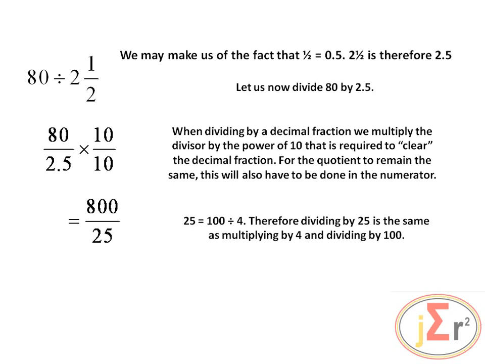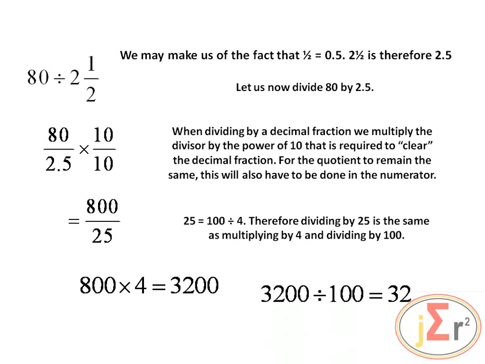Therefore, dividing by 25 is the same as multiplying by 4 and dividing by 100. 800 multiplied by 4 is 3,200. Then we will divide 3,200 by 100, and that will result in 32, the same answer that we received initially.